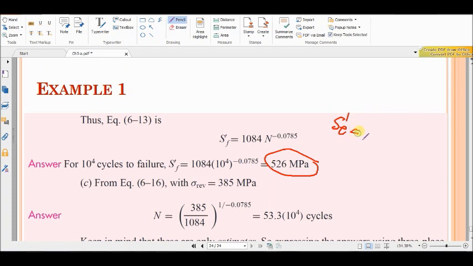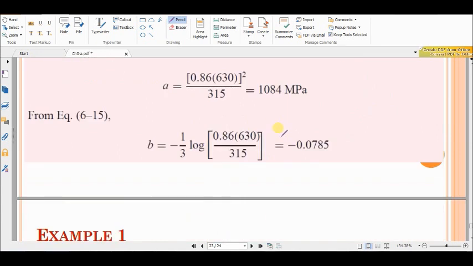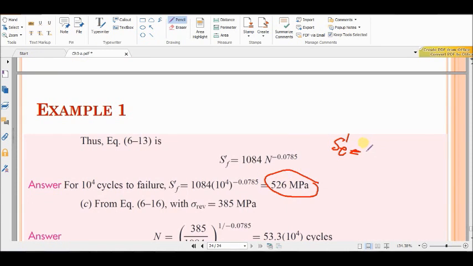So as you can see, how much was the endurance strength of the material? Endurance strength of the material, we approximated here, was 350, right? If you want to find the fatigue safety factor of this case, it is 315 over 526, which is less than 1.